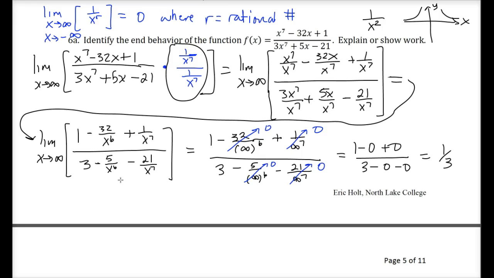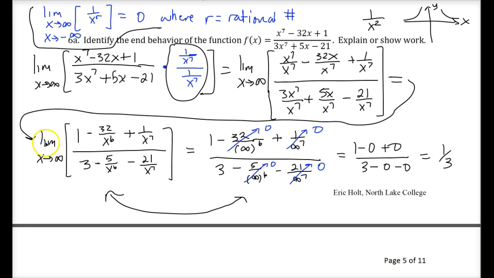So I want to make sure that we're clear on that, because every time you're saying that, you're communicating something to the reader. So when we jump from this step to this one, what we're actually communicating to the reader is that, yes, I'm actually applying this particular theorem in this next step.